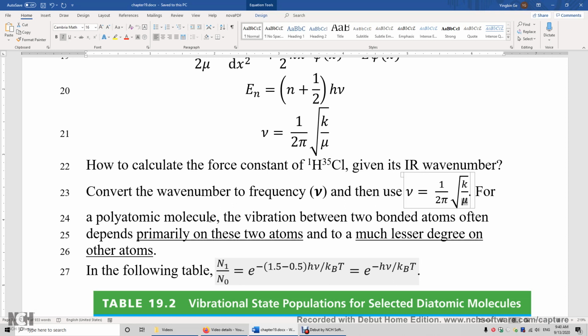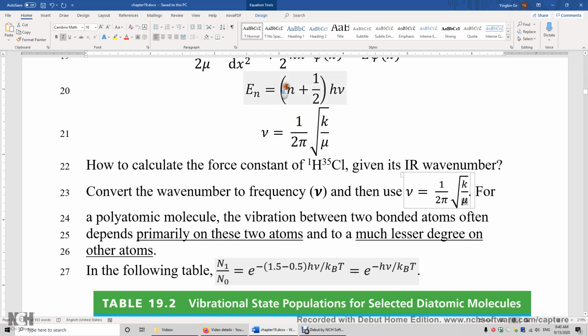Now, what if you have a huge molecule, like a protein molecule, and you're looking at a carbon-oxygen double bond stretching? Usually this vibration is localized on these two atoms, the carbon and oxygen. And usually we'll get a wave number that simply depends on the force constant of this CO double bond and the reduced mass that you can calculate with the mass number of carbon and oxygen.